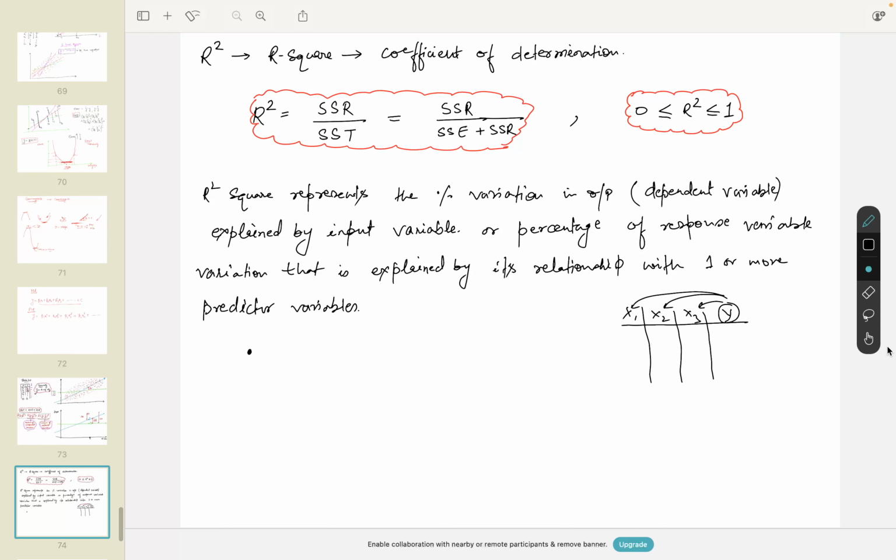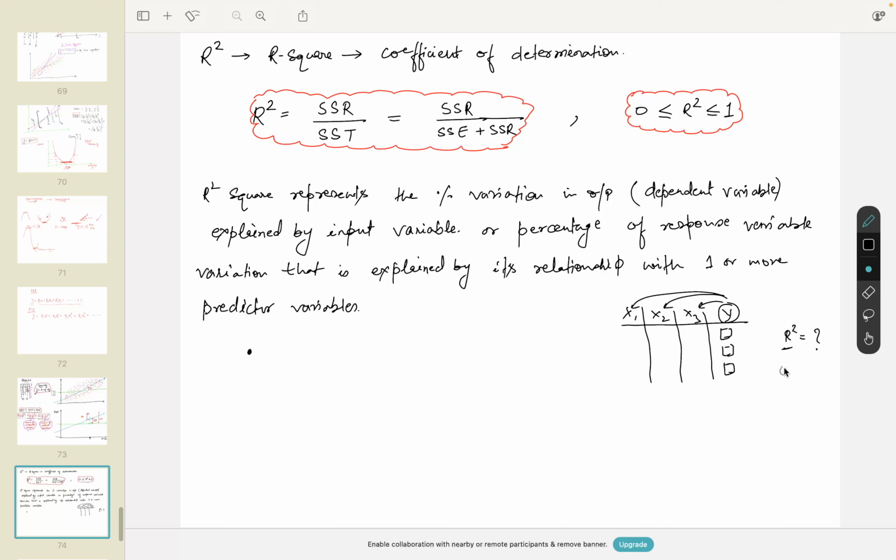So if you find the r square and you get any value, then this value is a percentage, like you'll get a value between 0 and 1. For example, 50% you got, that means 0.5 or 0.3 or 0.8, something like that. So whatever value you got, it means these variables are able to explain the value of y.